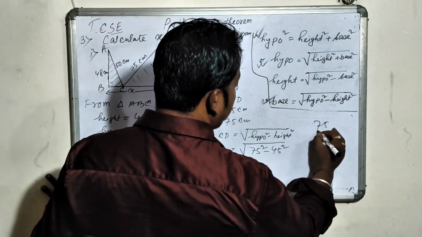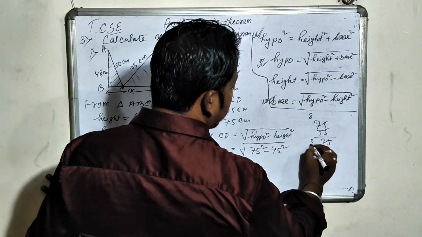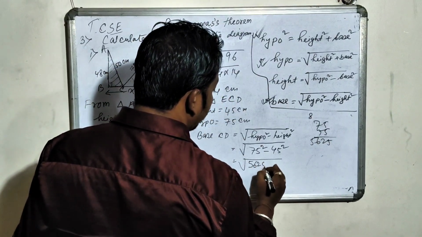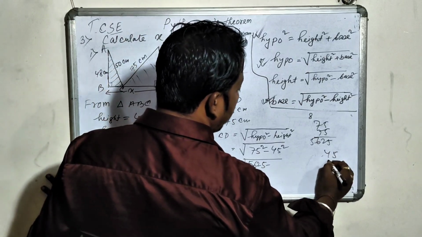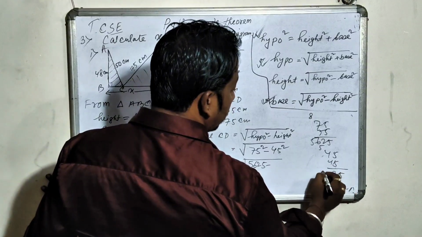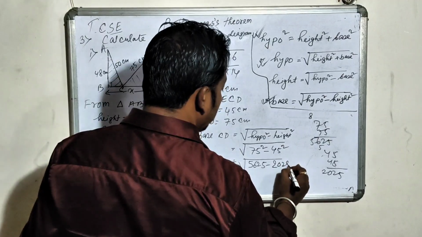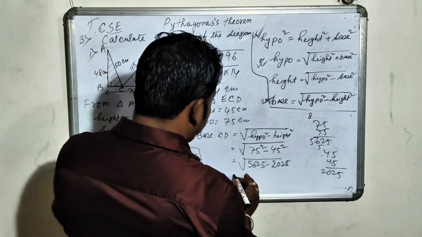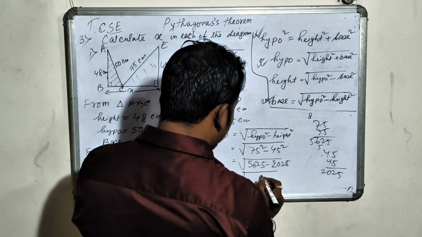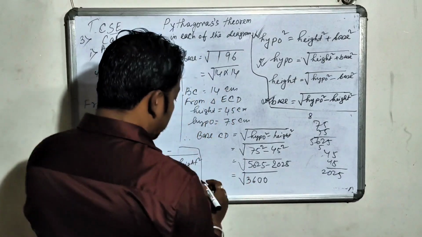75 into 75, very easy multiplication, is 5625. Minus again 45 into 45, that is 2025. 5625 minus 2025 is equal to 3600.